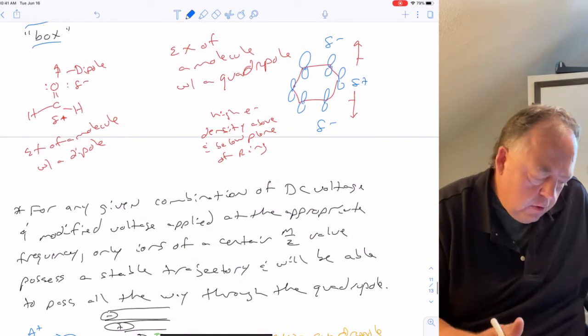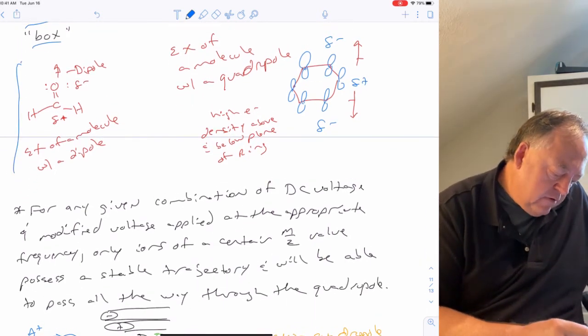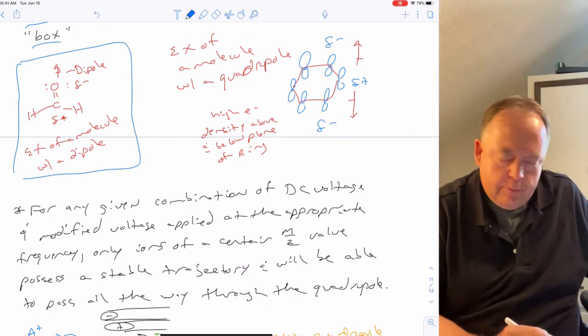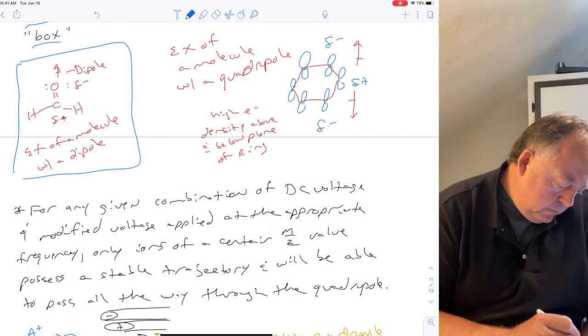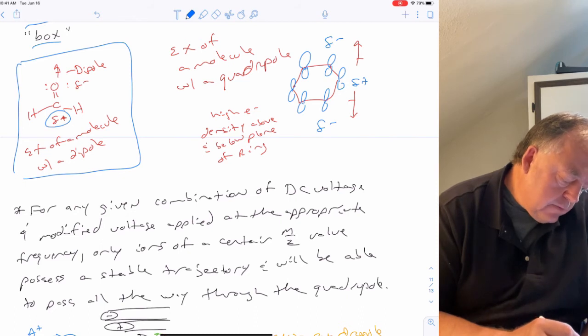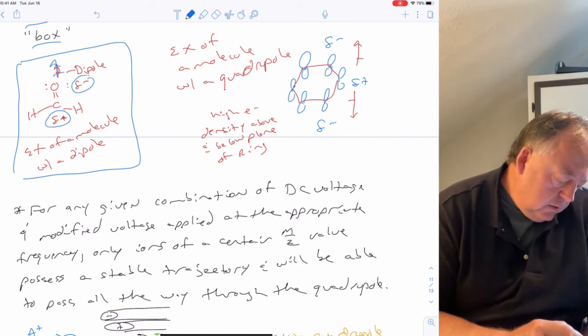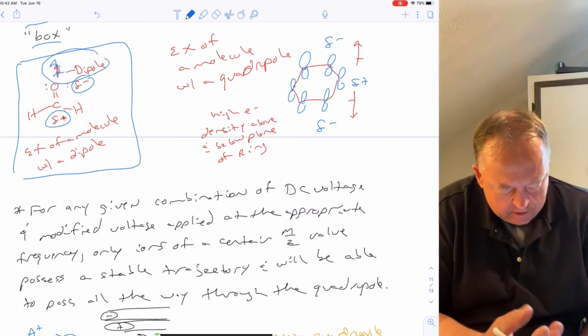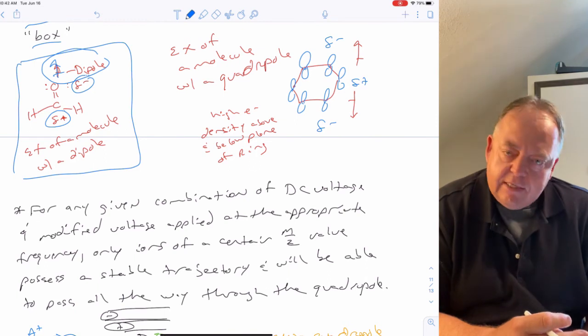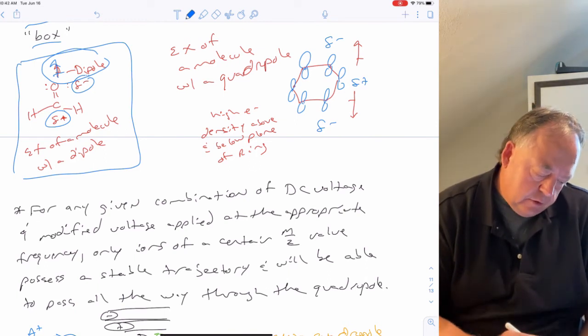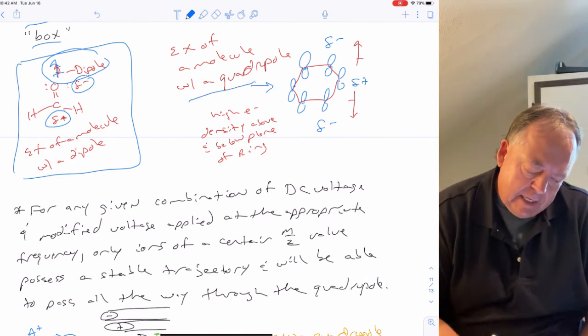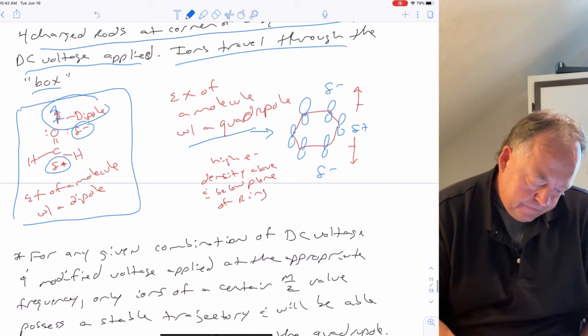So what is a quadrupole? You've probably heard of a dipole before. That's an example of a molecule with a dipole. You have a partial positive end and a partial negative end, and that would be the dipole, with the arrow drawn from the partial positive to the partial negative end. Benzene would be an example of a molecule with a quadrupole.